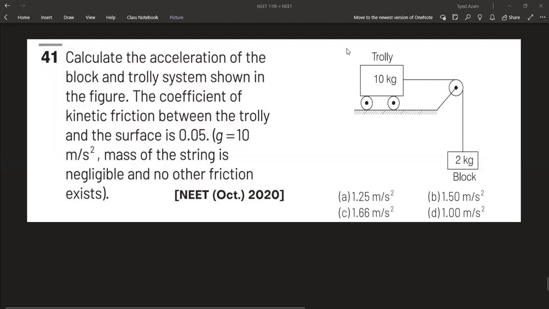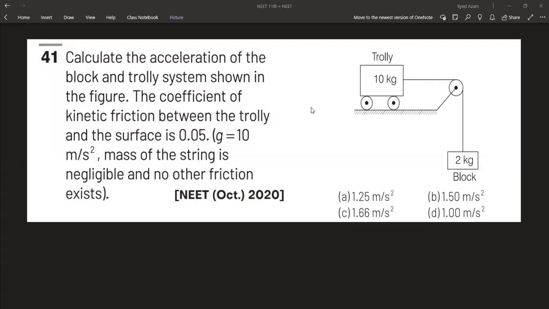Yes, right. So option E. So see, how did you solve it? Tell me the steps. Ma'am, I use the formula g sin theta minus mu cos theta.